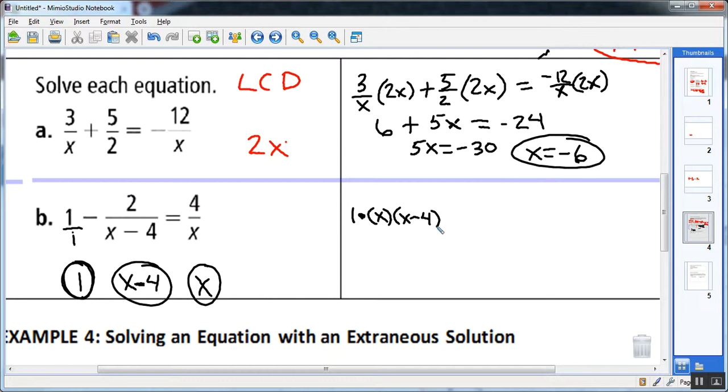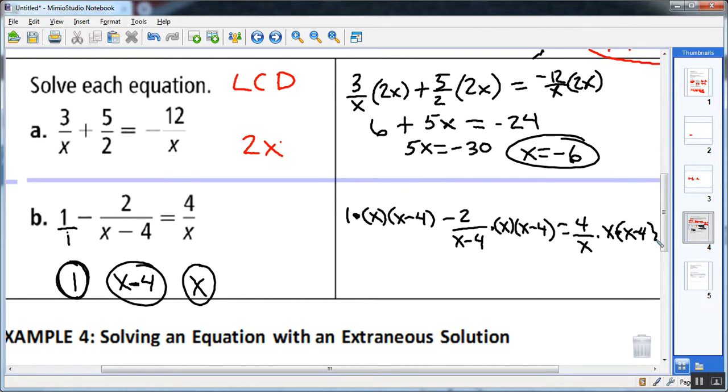Minus 2 over x minus 4 times, and that's going to equal 4 over x times what? Okay, we've got a mess here, don't we? Quite frankly, we have a mess.